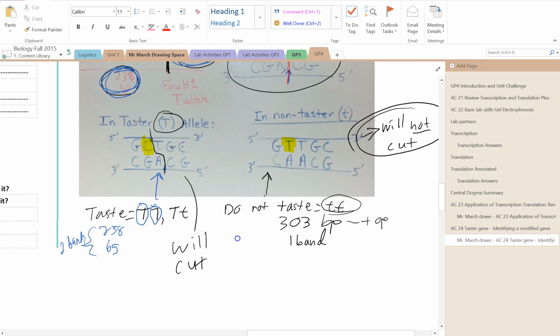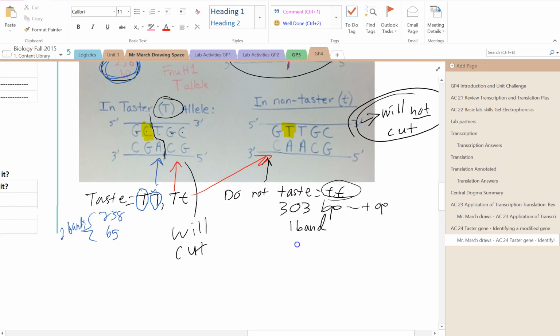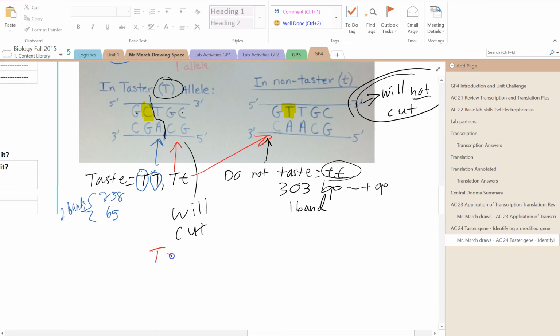And now we do the slightly more complicated one. We'll do the heterozygous individual. We have 1 allele that cuts, and we have 1 that does not cut in this case. So the capital T will give you a 238 and a 65, whereas the small t allele will give you a 303.